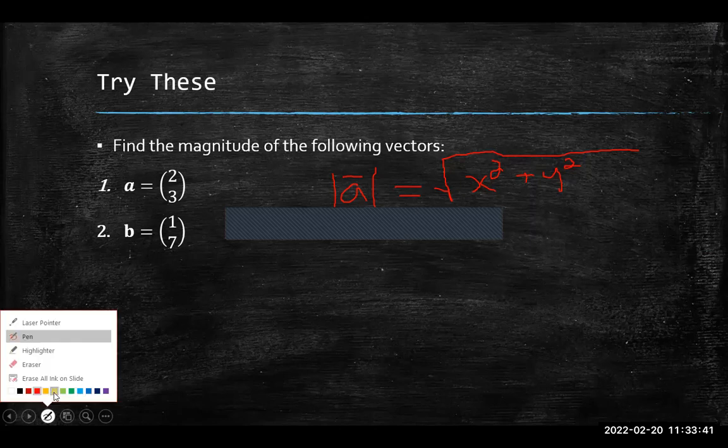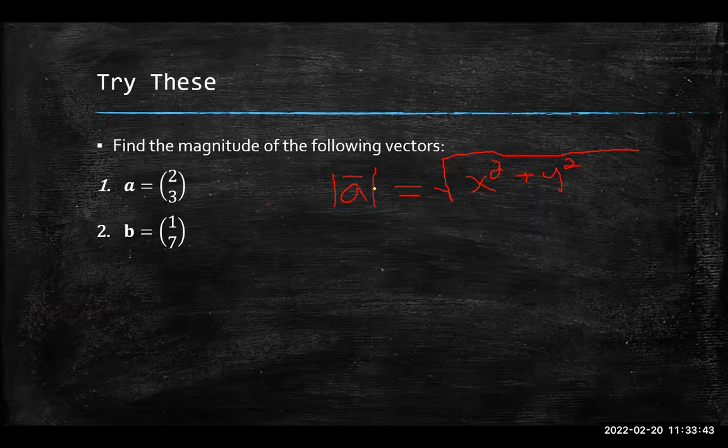Okay. So if they ask me to find the magnitude of the vector A, all you need to do is follow the formula, right? It's the square root of x squared plus y squared. X is always the top number, y is the bottom number. So if I want to find the magnitude of this vector, I would apply this formula. So square root of x, which is always the top number, in this case is 2.